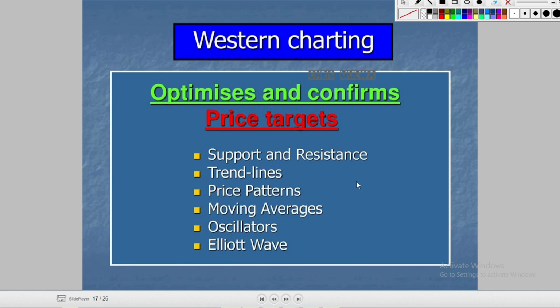So here we will check support and resistance, trend lines, price patterns, moving averages, oscillators, Elliott wave. These are strategies that we have covered already. If you want to check more about these strategies, you can refer to our previous video, but we will look at them based on the candlesticks.